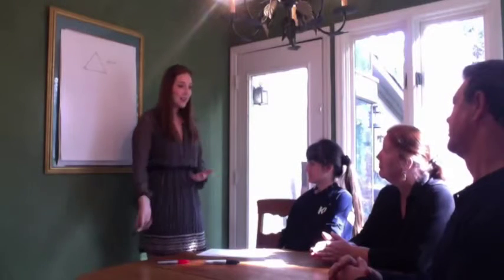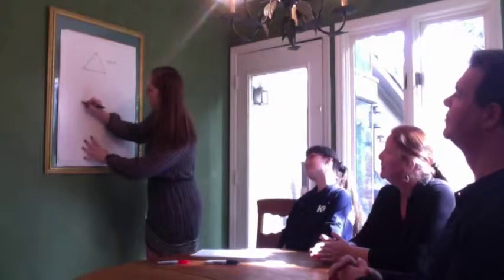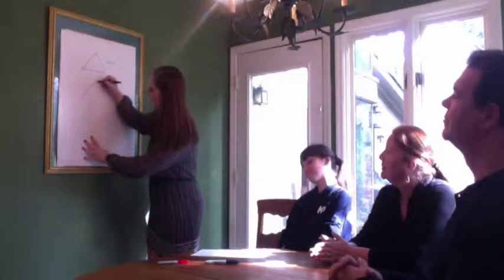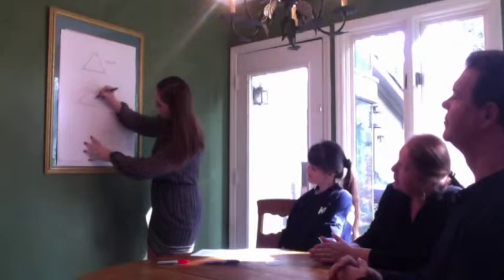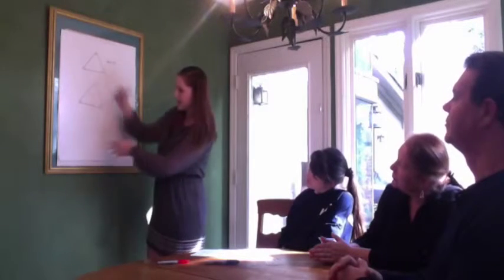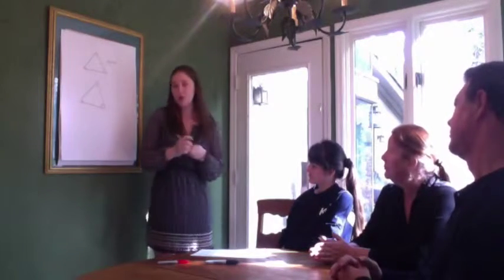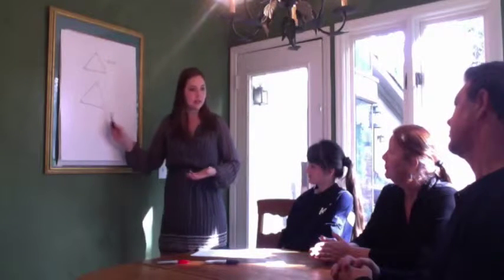So our last triangle is an isosceles triangle. It has 2 angles that are equal to each other and one that is not. So an example of this one could be 70 degrees.